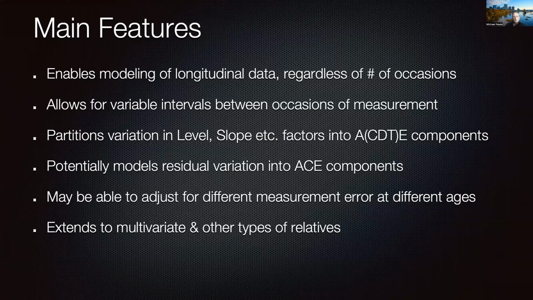So it might be the case that what we've assumed about that measurement error being equal across occasions could be incorrect. And we can consider possible actions to correct that type of problem.